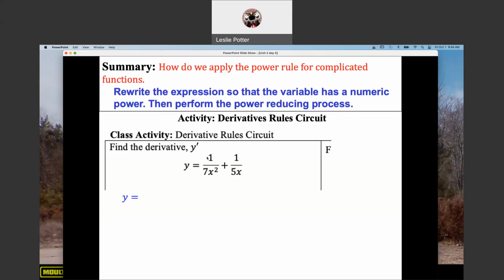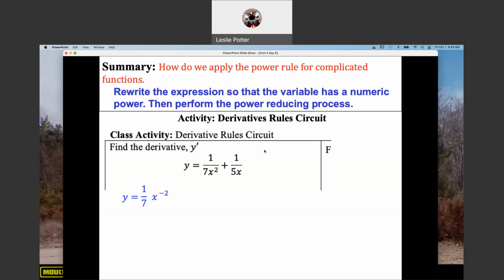What is this in its calculus form? Exactly. 1/7 times x to the -2. Did you say 1/2? No, you said -2. Okay, did you mean -2? Yeah, because there's no root there. There's no radical. So, okay.